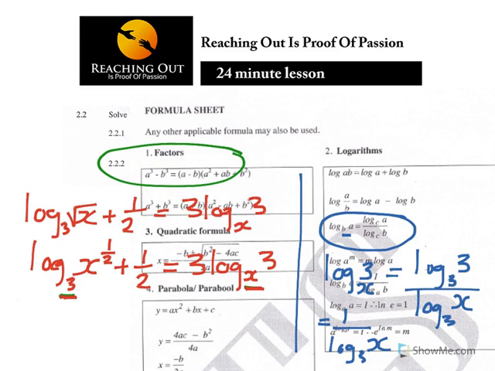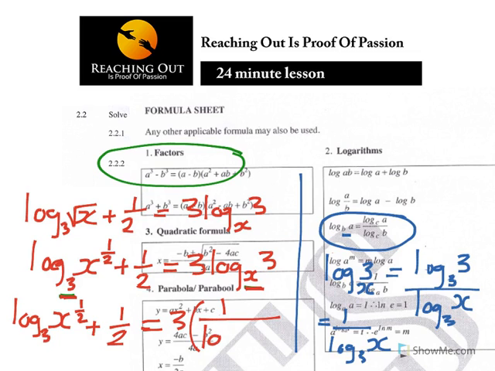In this case, when you are writing, you are now going to have log base 3 of x to the power of half, plus 1 over 2 is equal to 3 bracket, this log base x of 3, we simplified it as 1 over log base 3 of x. That's what you are simply having. And this particular 3 is on top, in a way, it is multiplying. It's 3 times 1, which is 3 over log base 3 of x.